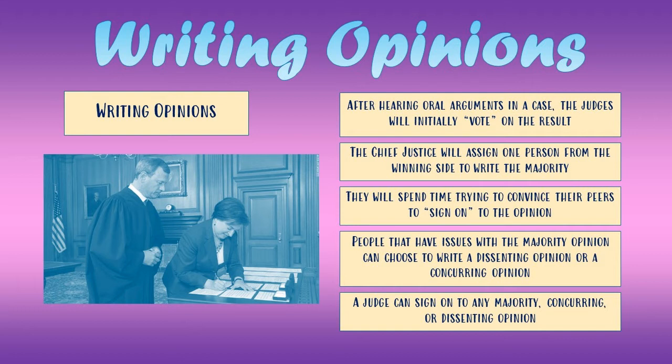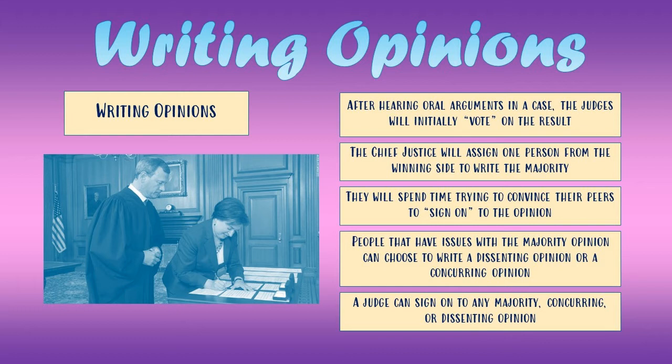So they're going to write their opinion, which is going to explain why they decided what they decided, and they're going to try to convince the other people on the court to sign on to their opinion. If there are people that have issues, like they disagree or they think the written opinion didn't make a lot of sense, or they just want to say something else, then they may decide to write a dissenting or concurring opinion.